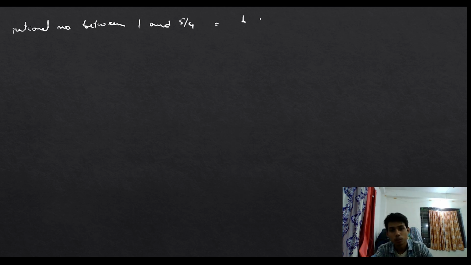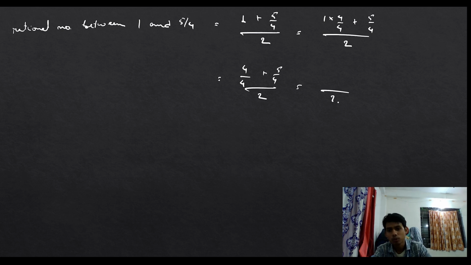The first term is 1, the second term is 5 by 4, whole divided by 2. 1 we will convert to an equivalent rational number by multiplying and dividing by 4, which will be equal to 4 by 4 plus 5 by 4, whole divided by 2. That is equal to 5 plus 4 is 9 by 4 divided by 2. That implies 9 by 4 into 1 by 2 is equal to 9 by 8.